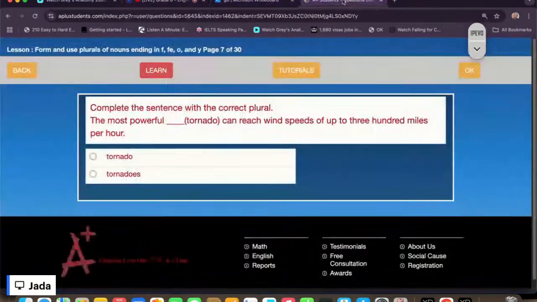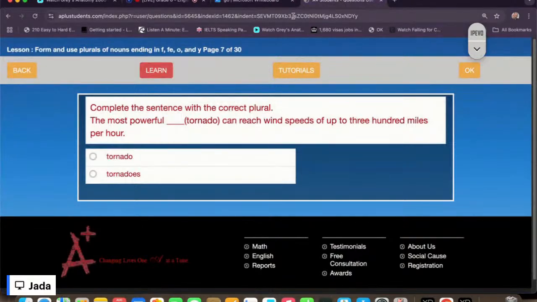First or second. So we have tornadoes, the second one.